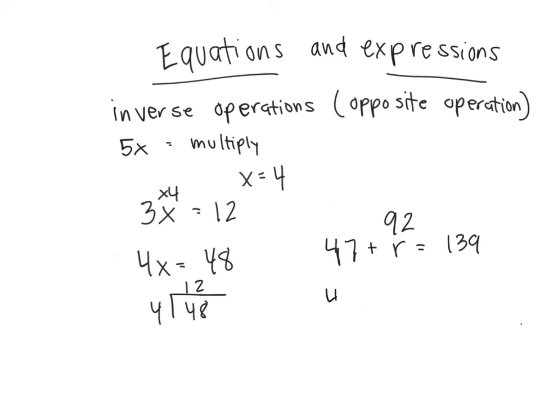If you put 47 plus 186 equals 139, you would see that you did something wrong. So you should always put your answer into the problem just to see if it's right, or look at it before you press submit, because you might get frustrated thinking you did the math right, but you just didn't do the right operation.